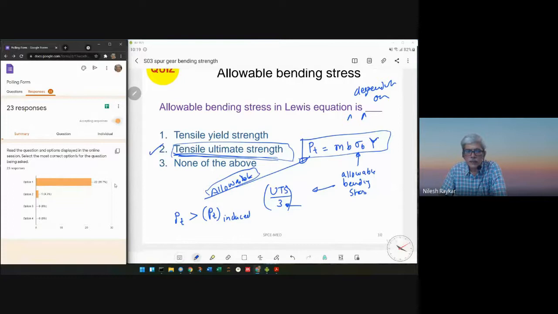That is, the tangential force which is actually acting on the gear tooth should be smaller than the PT obtained from the Lewis equation. So the Lewis equation number should be higher than the actual force acting on the gear tooth.